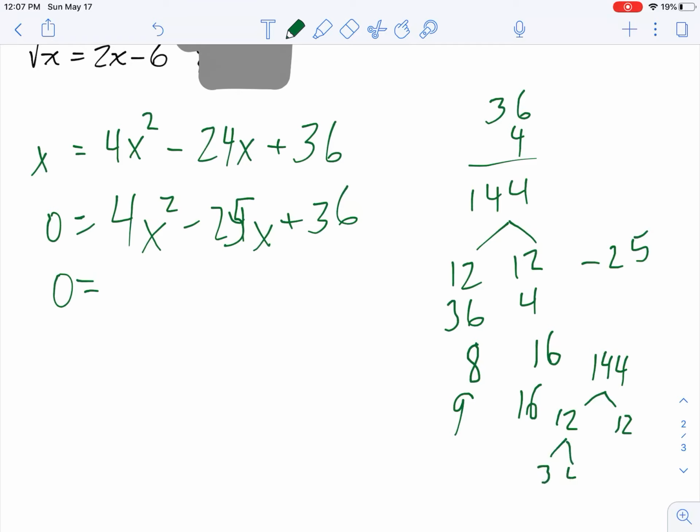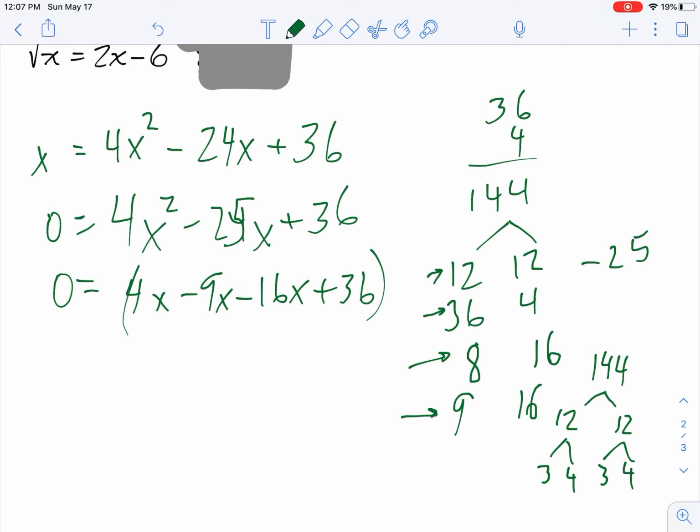Okay. I was looking at my prime factorization, and I knew that it would be a bunch of 3s and then a bunch of 2s. So I wasn't getting at it with my factors of 2, so I was like, let's explore the 3-ness. Okay, so 4x squared minus 9x minus 16x plus 36. All right, now remember you group them.